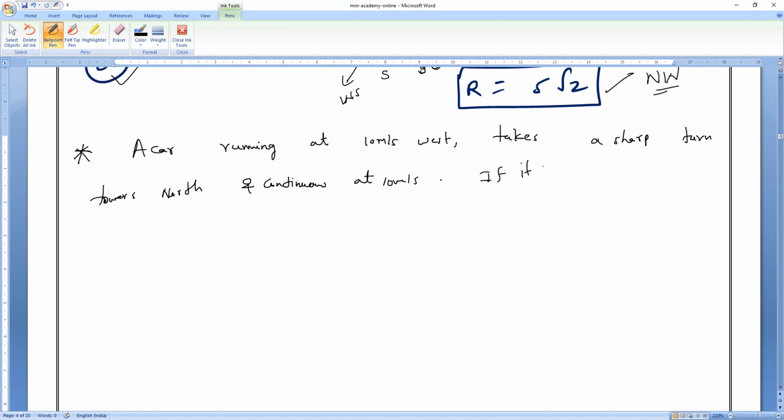If it takes 2 seconds in turning, find the acceleration of the car.